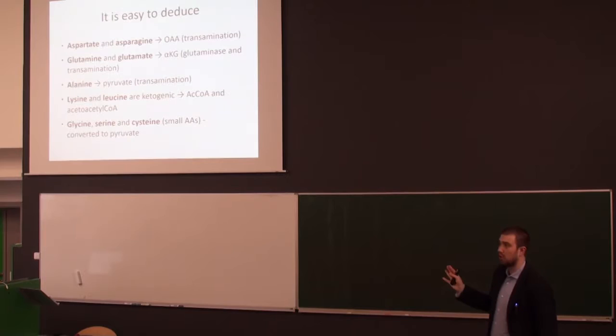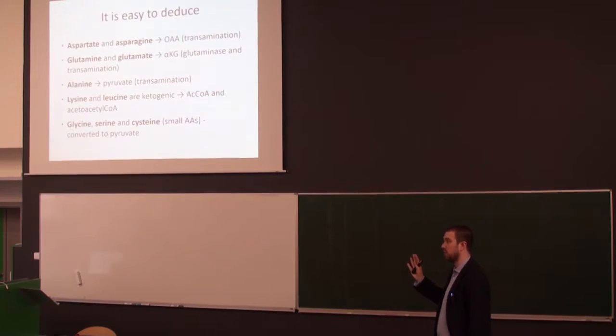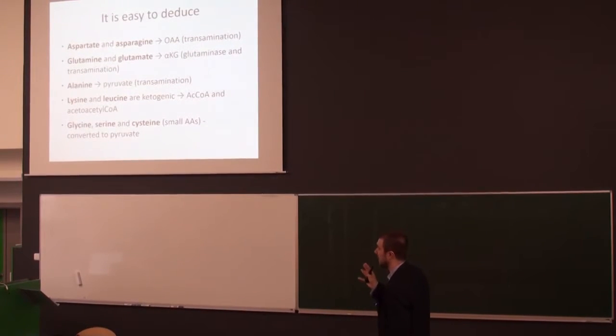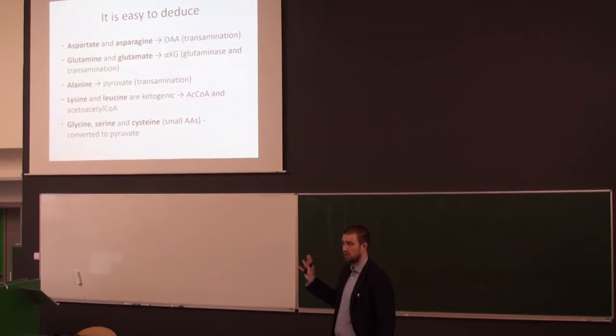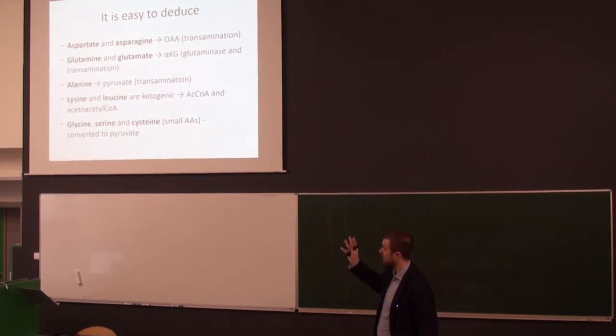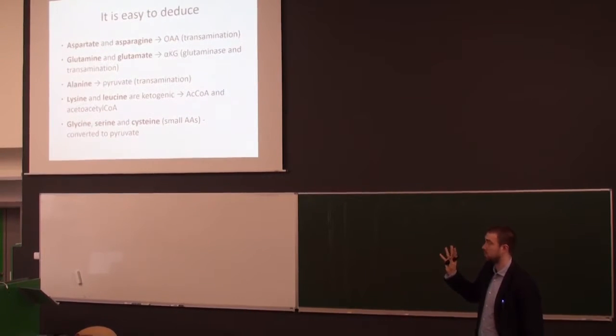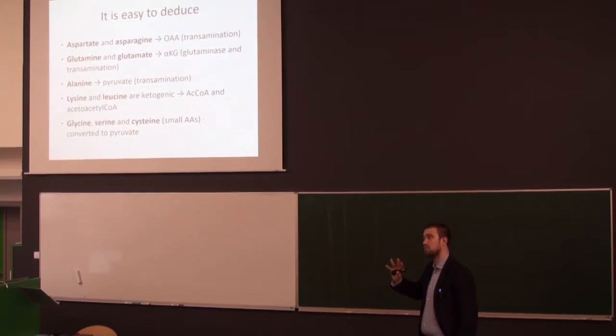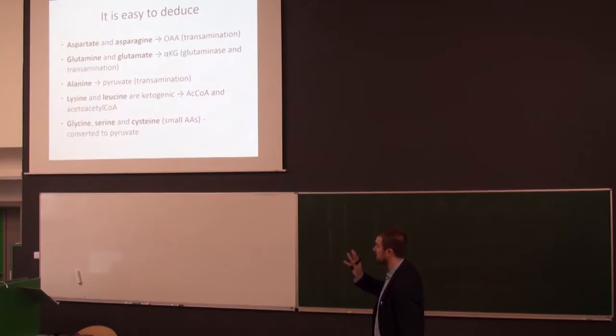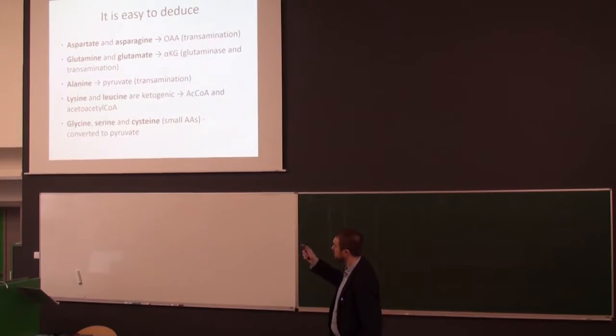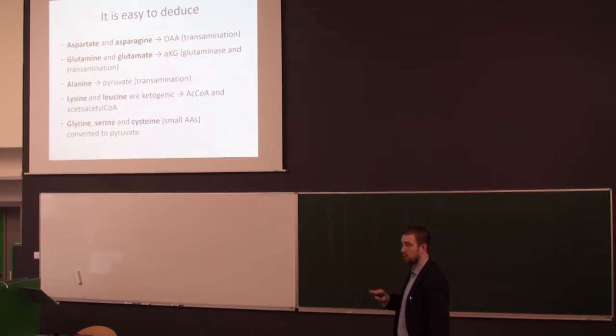What you should know, and this is the minimal thing that we really expect you to know, and this is for us the basic knowledge, are these amino acids, where you must know how they are degraded. The first 5, if we take this together, you already know.